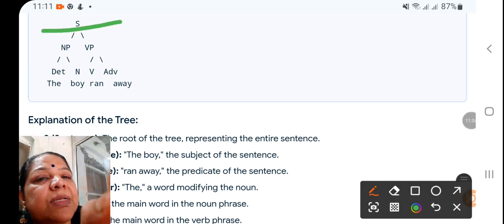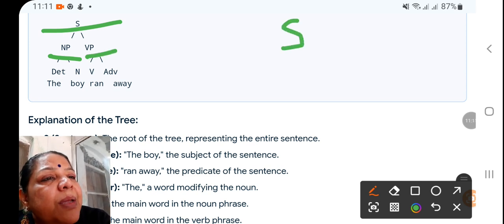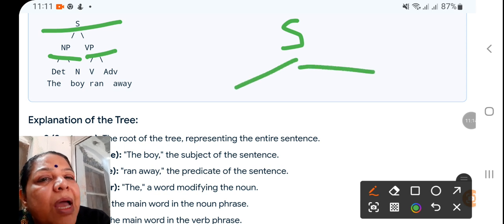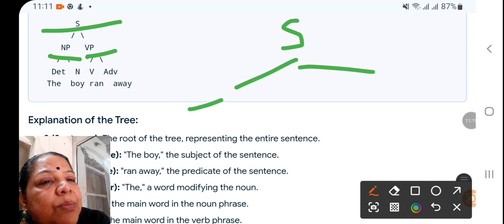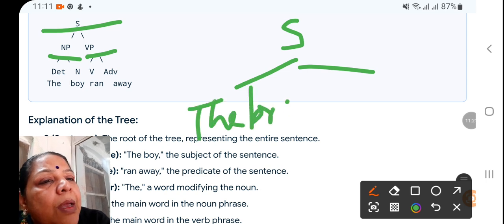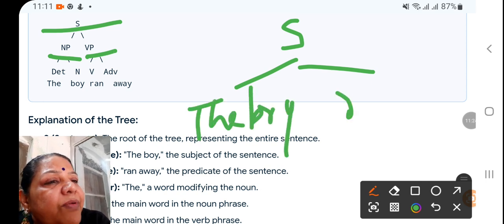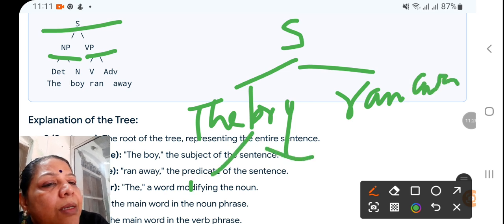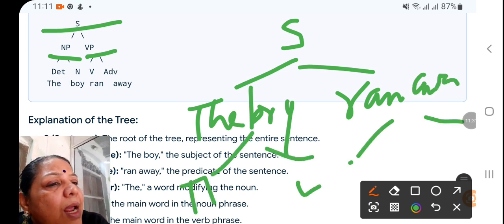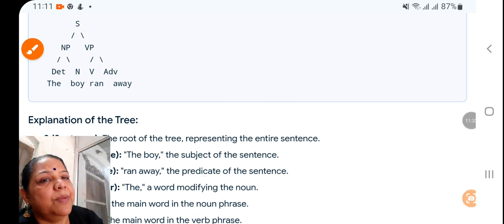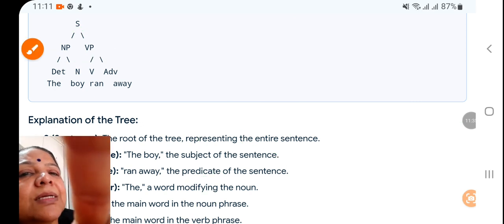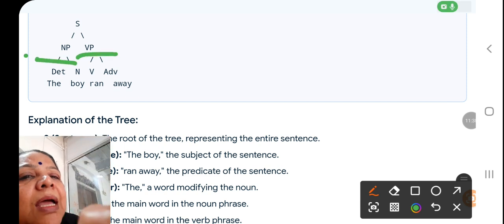Here the analysis is done, but labeling is not there. This is the sentence, this is the noun phrase, and here labels are given. Otherwise, sometimes I was not able to see it properly. You can do it this way: the boy, right? And then ran away, right? And again the boy, the boy ran and away. This is without labeling. Here labels are done: a noun phrase and a verb phrase, right?